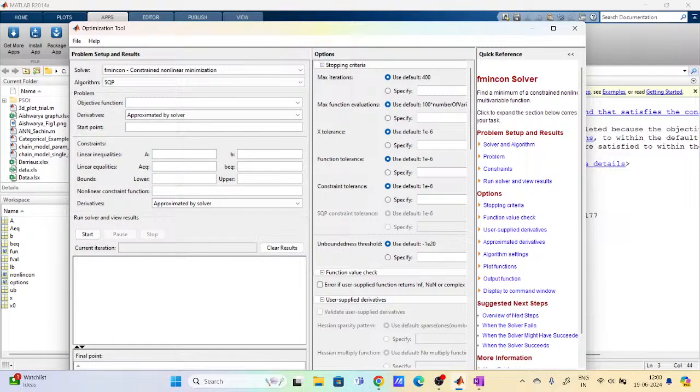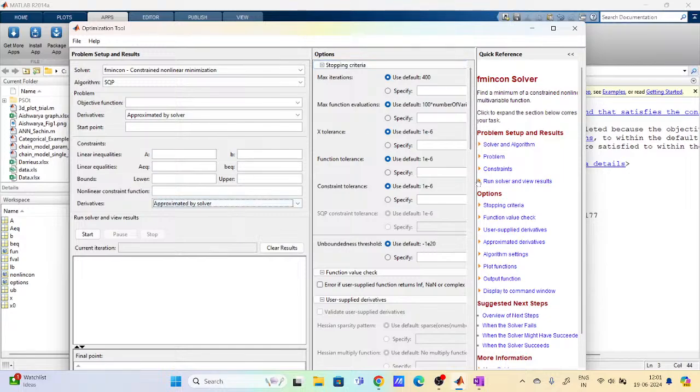The matrix for linear inequality, B for the linear inequality right-hand side, AEQ, BEQ, lower bound, upper bound, everything you can put here. The nonlinear constraint function you can also put here. Approximated by the solver can be used here too, and then you can start it, and the algorithm gives you the solutions.